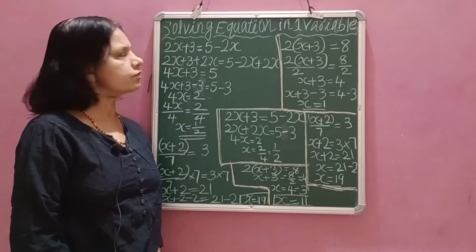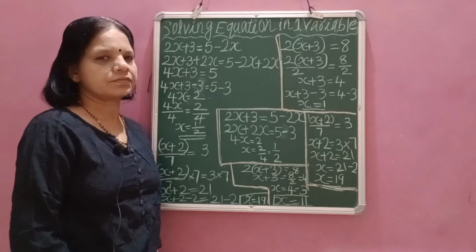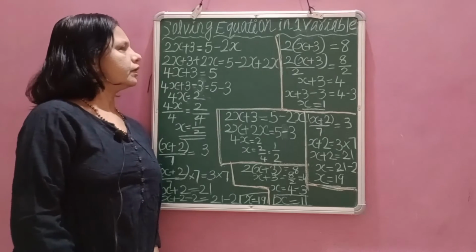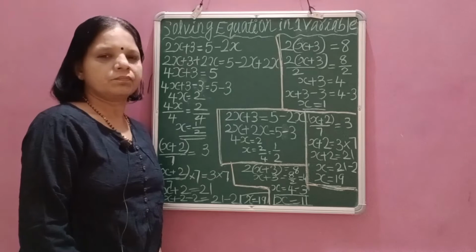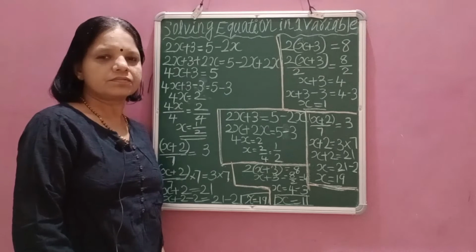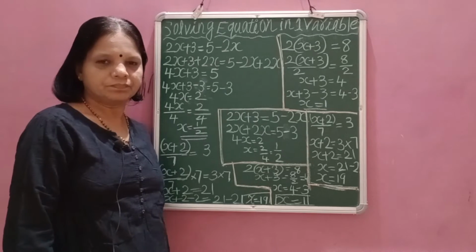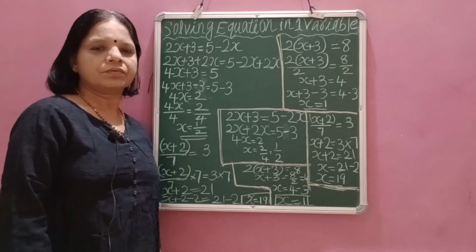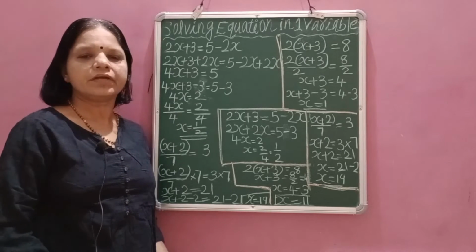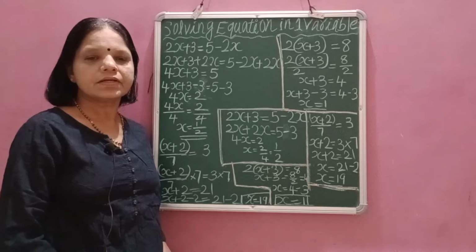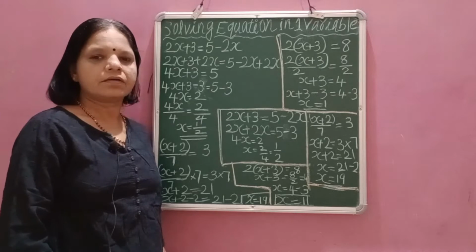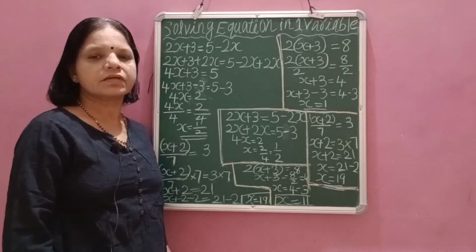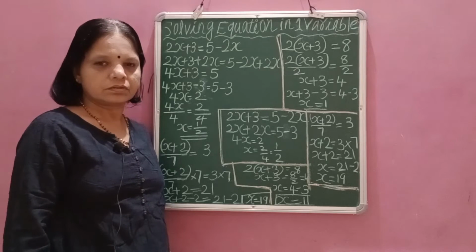And numerals also on both the sides. LHS plus 3 and RHS plus 5. So what is our aim? We have to get only the variable in LHS and all the numerals in RHS.